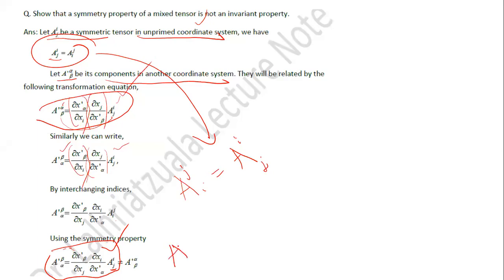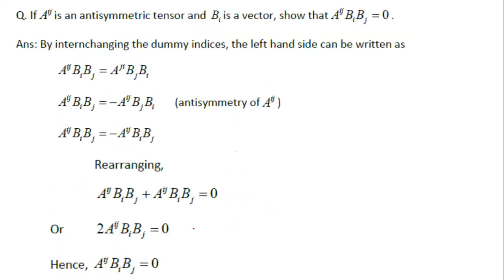That means a prime alpha beta does not equal a prime beta alpha. So your symmetric property, that is, interchange of the indices does not alter the quantity, that symmetric property is no longer maintained here, as you can see. Okay, no longer maintained.